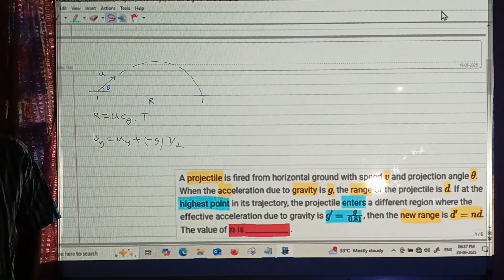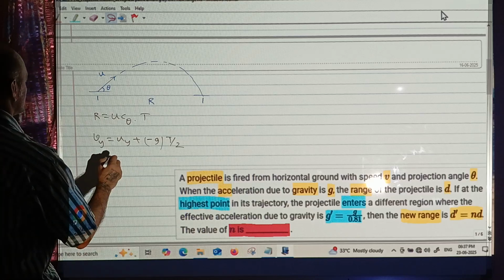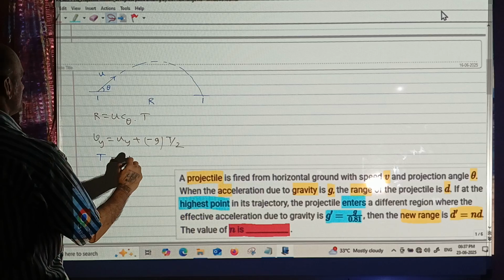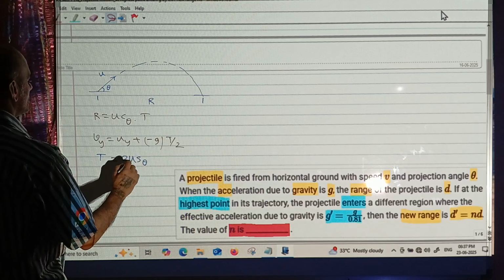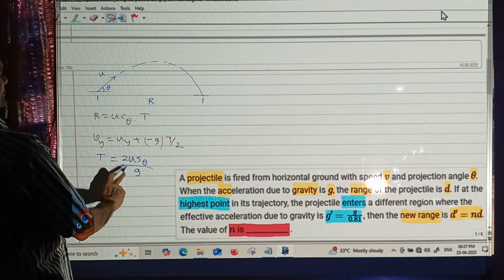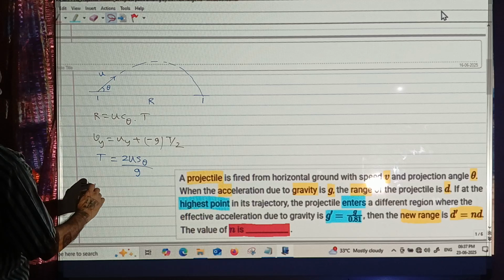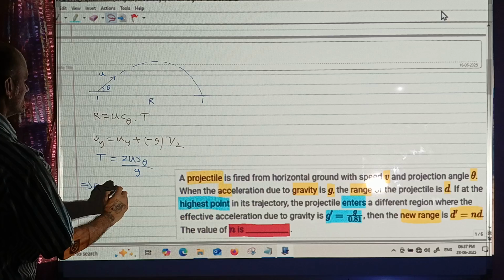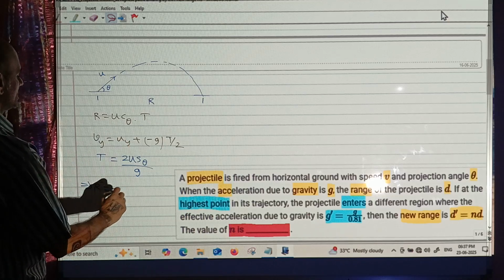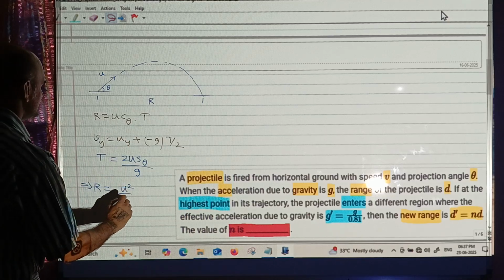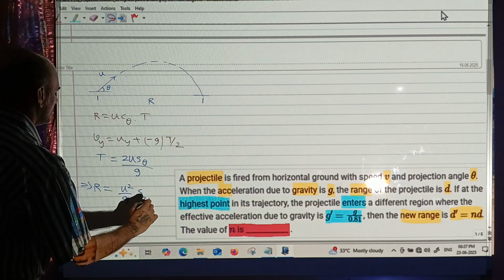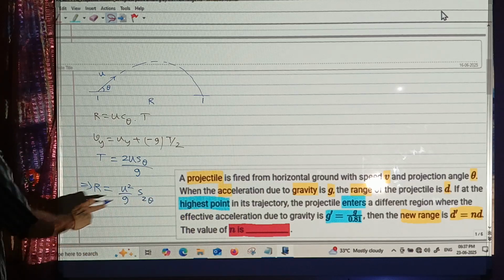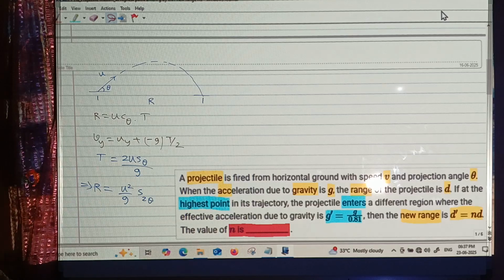This will give the flight time as, since Vy is 0 at the maximum height point, 2 u sin theta by g. So the range in the first case is 2 sin theta cos theta u square by g, that is u square sin 2 theta by g. Sin 2 theta is 2 times sin theta cos theta. Or if you remember this formula, you can straight away use this one.